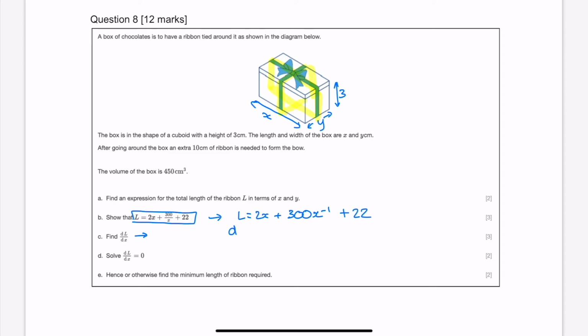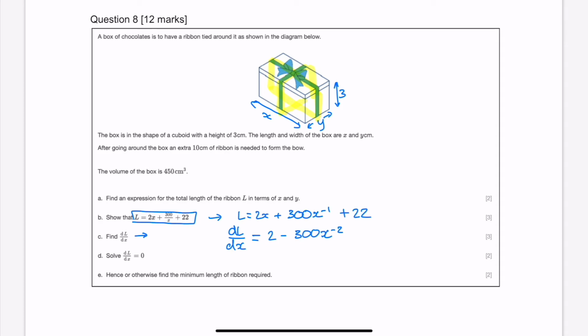So L is equal to 2x plus 300 x to the power of minus 1, so that it's not a denominator, plus 22. So when I differentiate that, dL by dx, I have 2 plus, and it's actually a minus here, because it's 300 times minus 1, x to the power of minus 2, and then the 22 just disappears. It doesn't differentiate to anything, so I just end up with 2 minus 300 x to the power of minus 2.